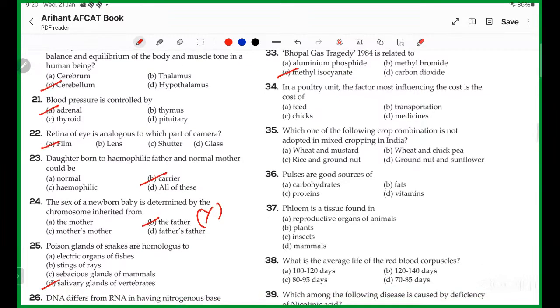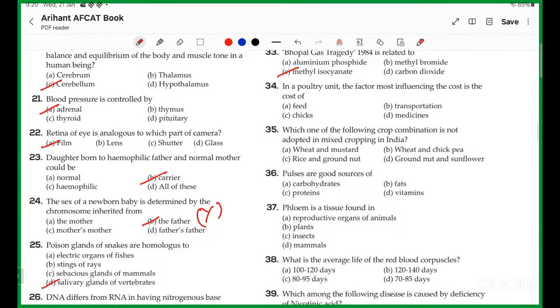In a poultry unit, the factor most influencing the cost is the cost of feed.